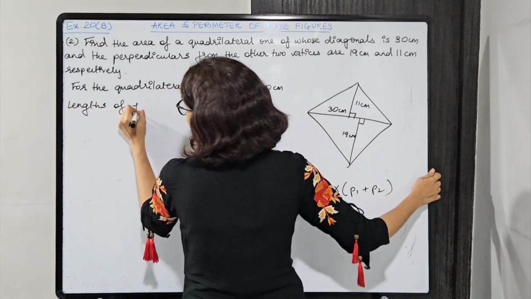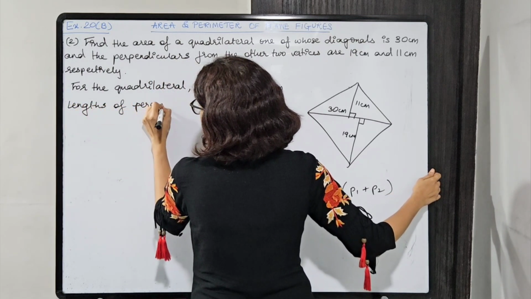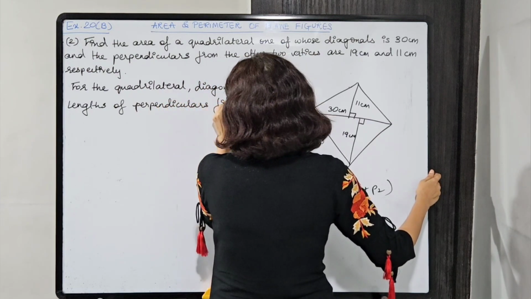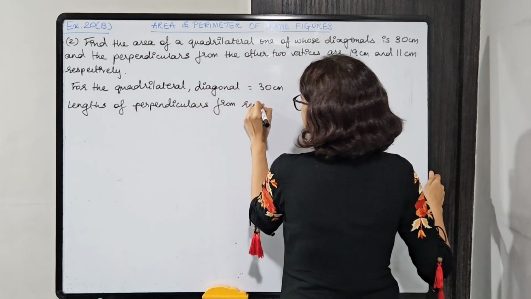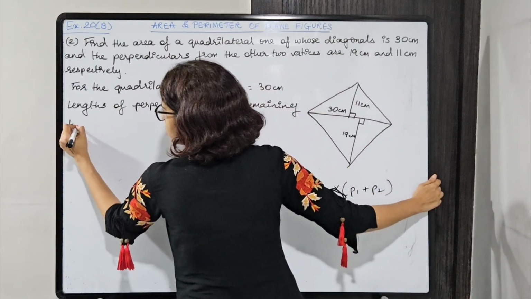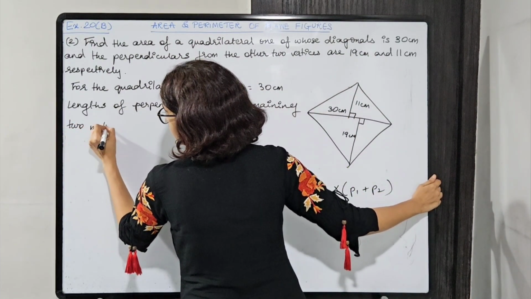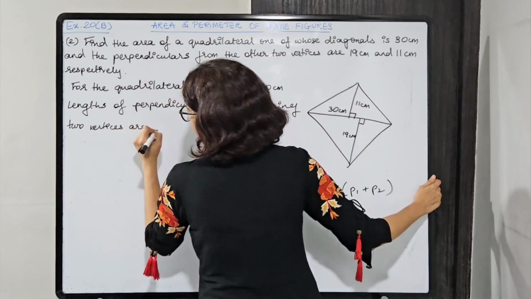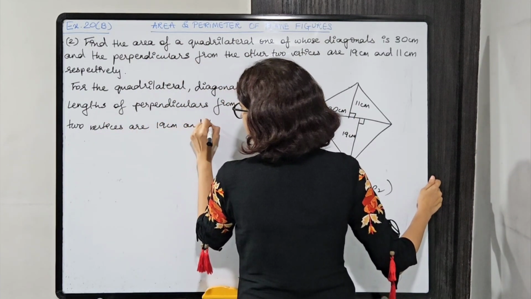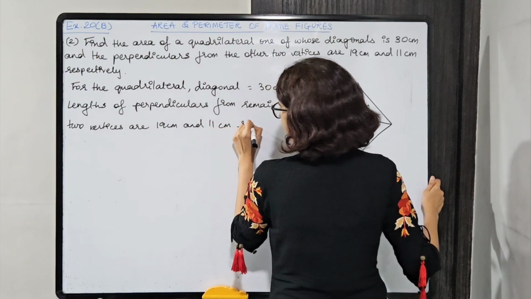Lengths of perpendiculars from remaining two vertices are 19 centimeter and 11 centimeter respectively.